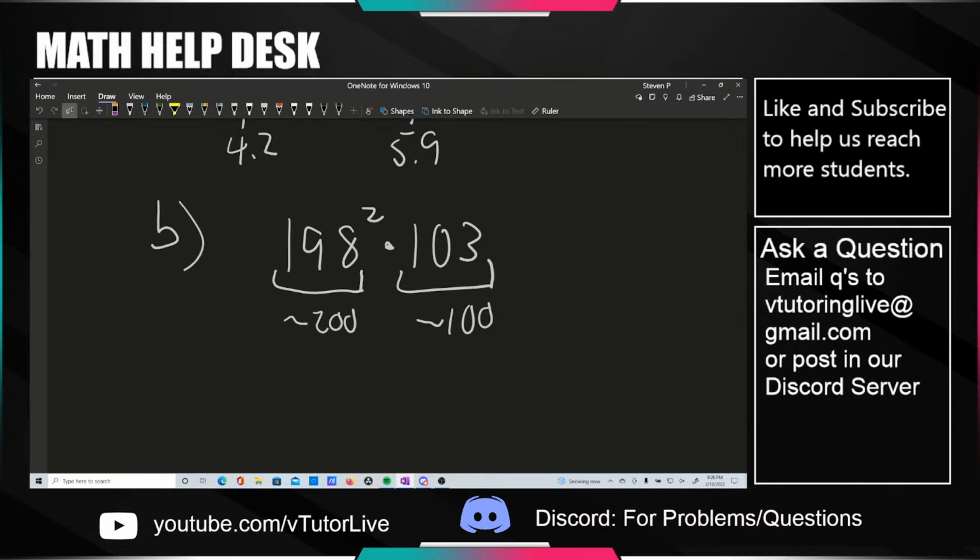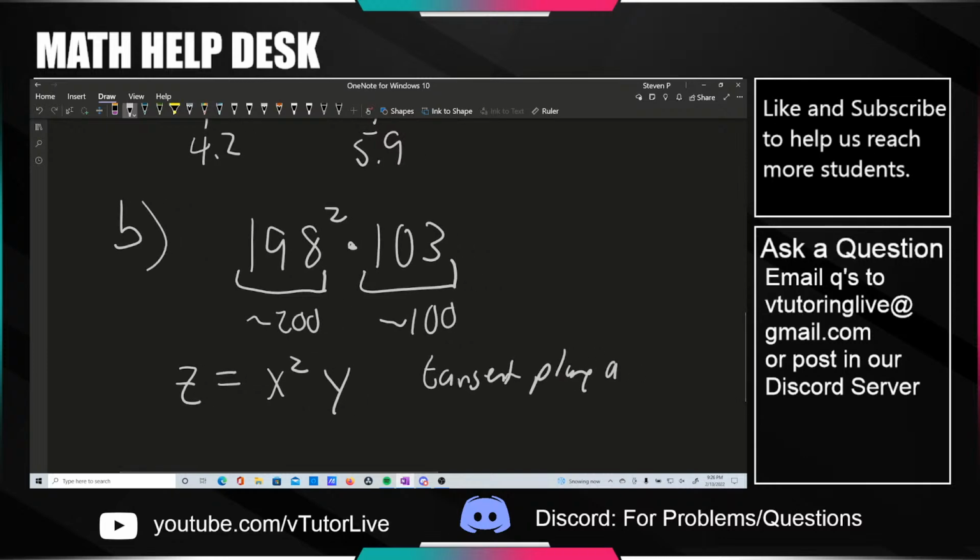So basically what we want to do is represent this as a surface, z is equal to x squared y, and take the tangent plane at 200, 100, and then approximate at 198 and 103.